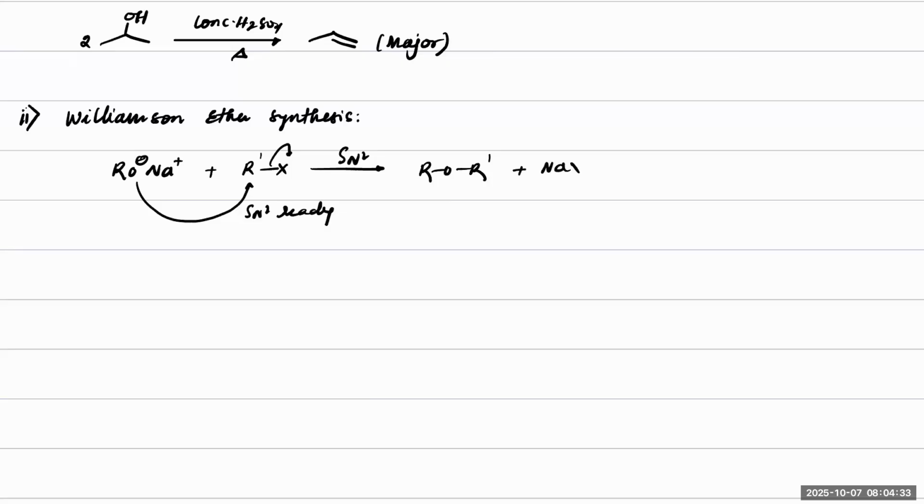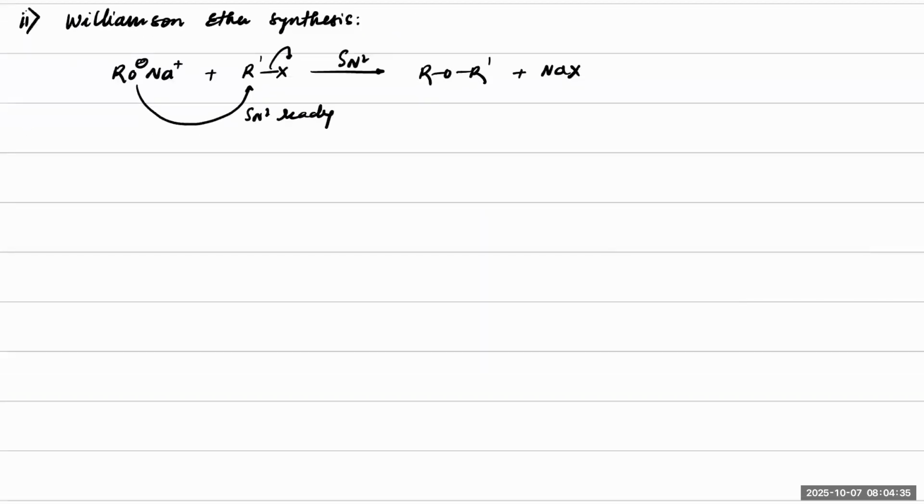So we did notice in which cases you will get what. If you have 1 degree, you will get SN2, that means ethers. 2 degree, 3 degree, you will get E2 mechanism, alkenes. Okay.